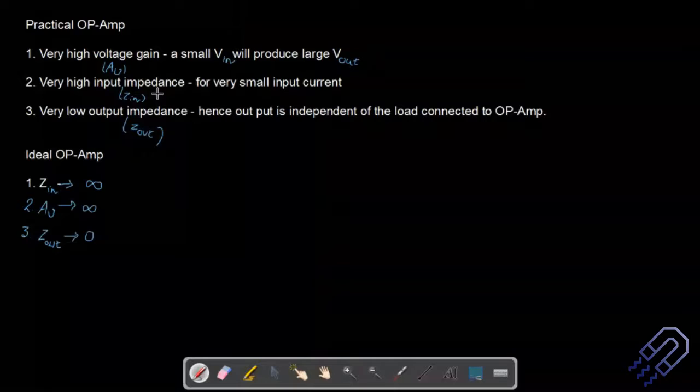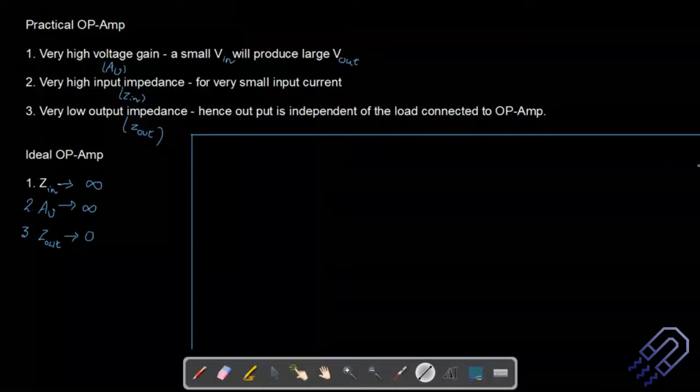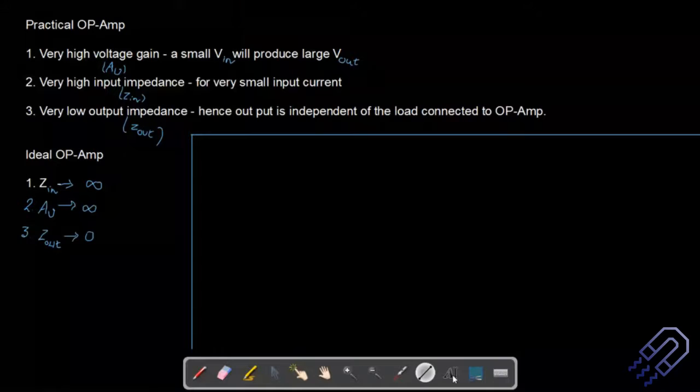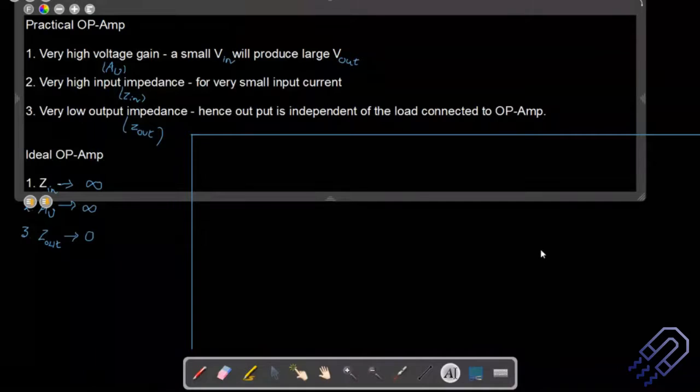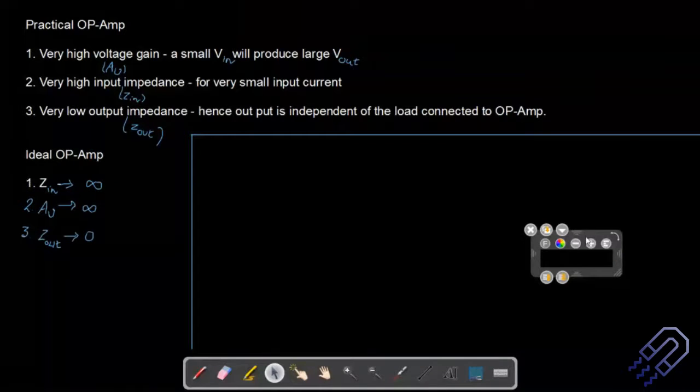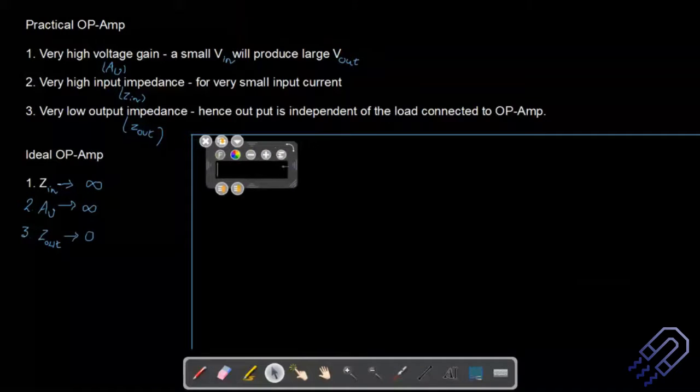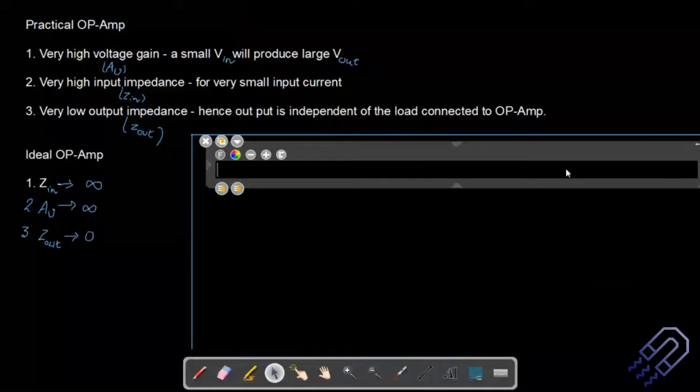Now there are certain terms that we should know, and one important term is bandwidth, if you remember. All of us remember what bandwidth is. Certain devices will work well within a certain frequency range, and this is what we call the bandwidth. The range within which it works best or optimum is the bandwidth.